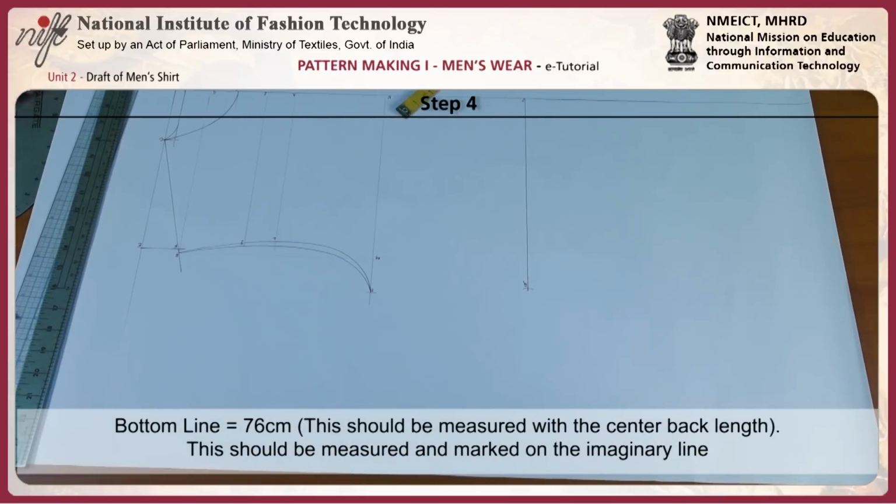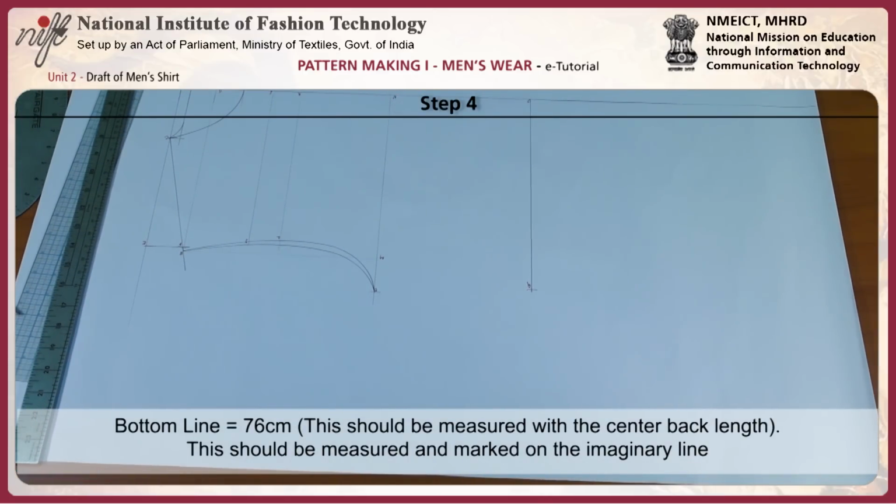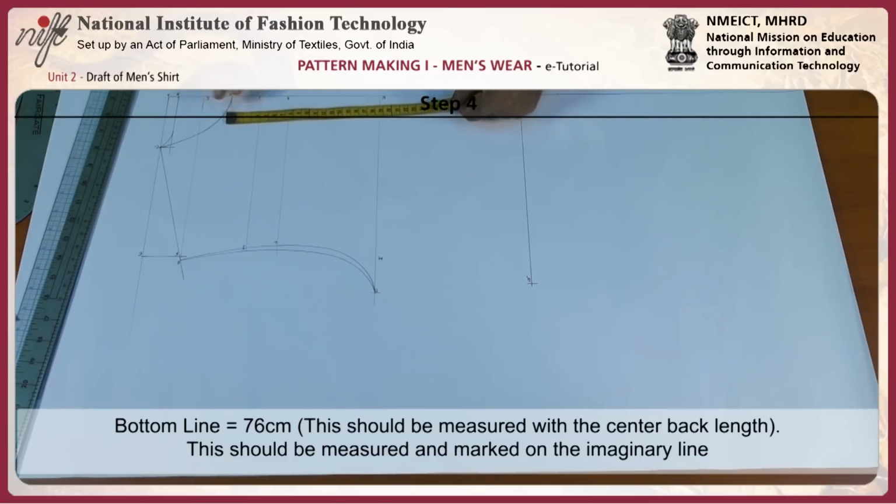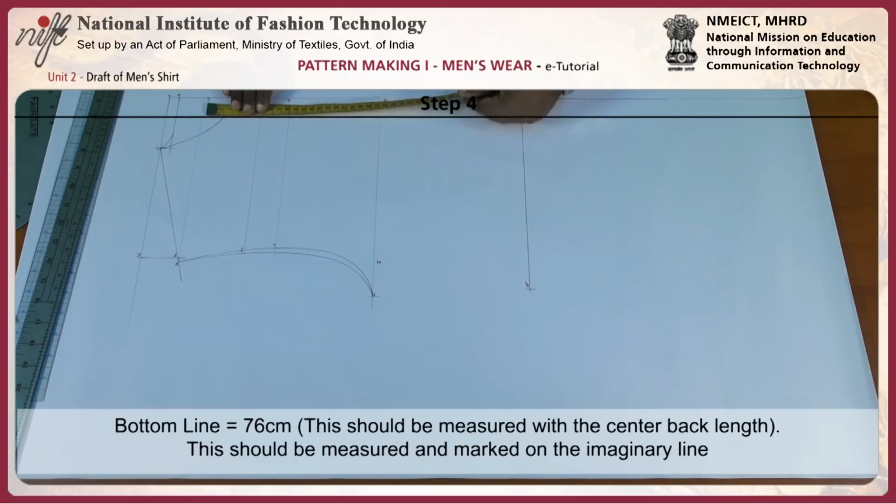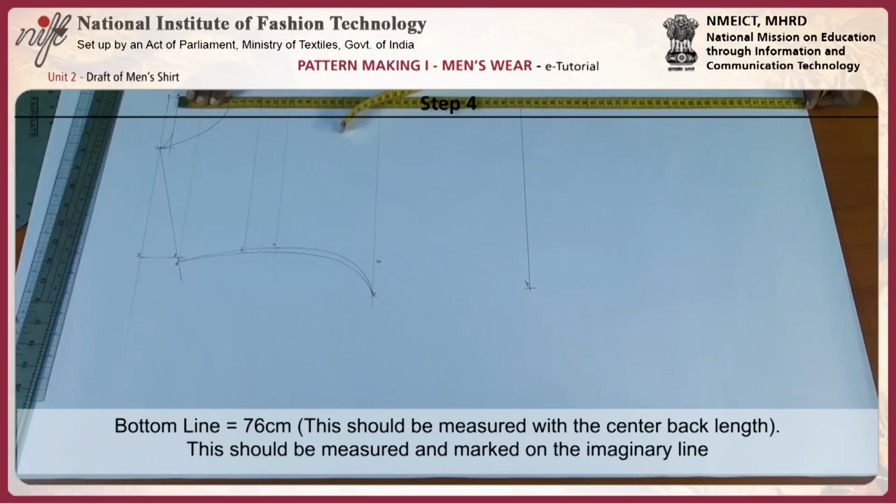After marking waistline, move to bottom line. Bottom line should be measured with the center back length, which is 76 centimeters.